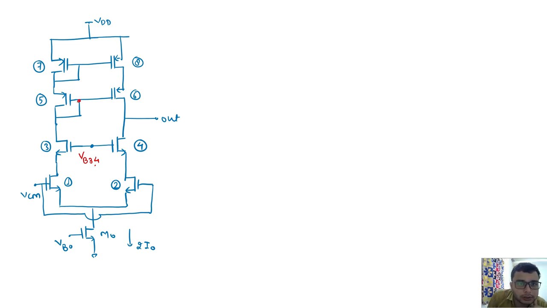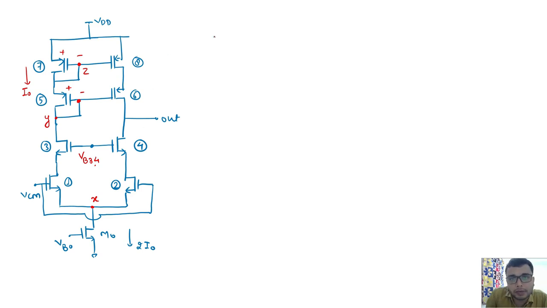These two voltages are already decided by the current, because these are the diode connected devices. So current flowing in DC condition here is I naught, and according to I naught the VGS are set. So VGS of 3, VGS of 7 and VGS of 5 are deciding these values. If I call this node Y, this Y is defined, this Z is defined, this X node is defined, and this VB34 is defined by the external biasing circuit.